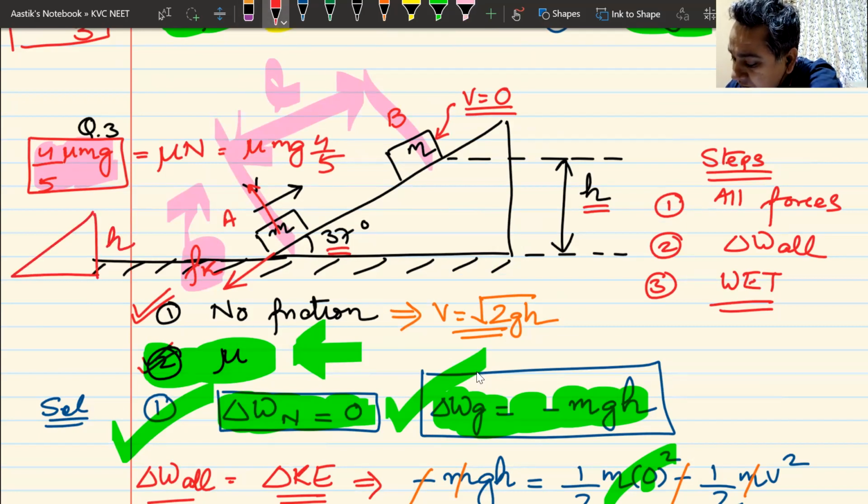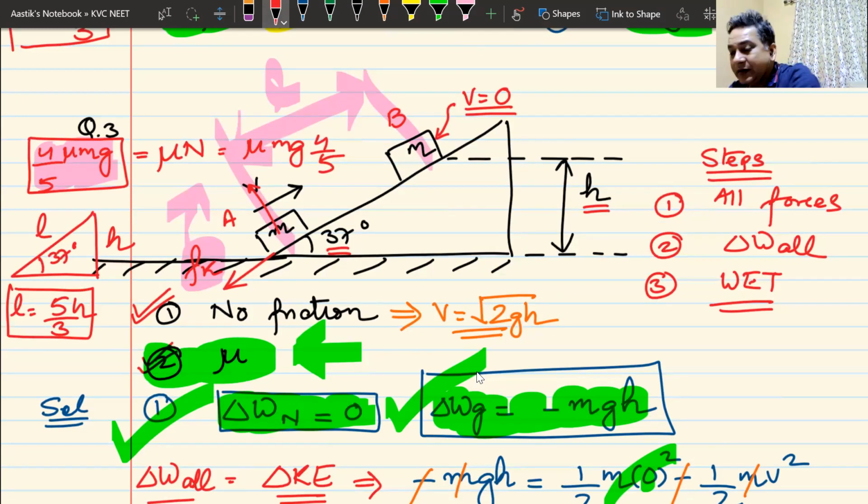This is H. This is L. This is 37. Sine of 37 is H by L. So L becomes H divided by sine of 37. So L will become 5 by 3 H. Do we all understand this?